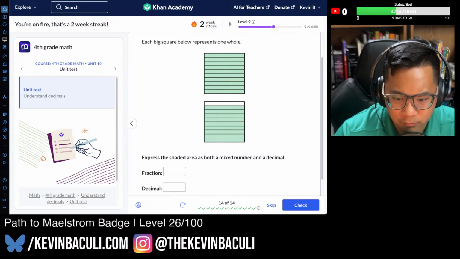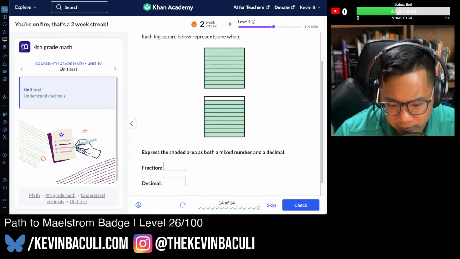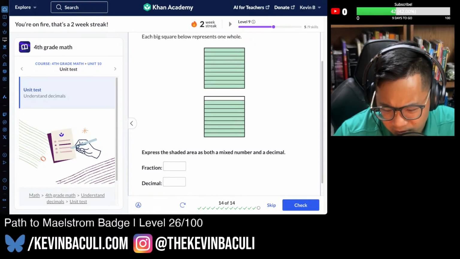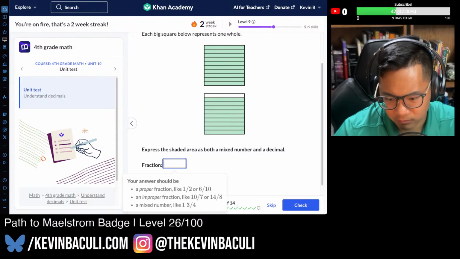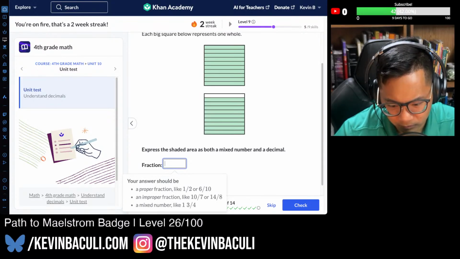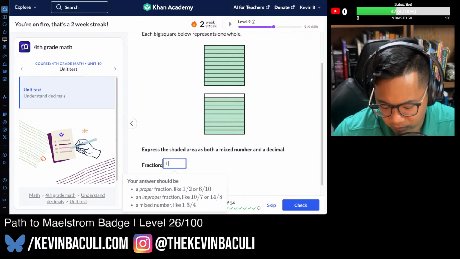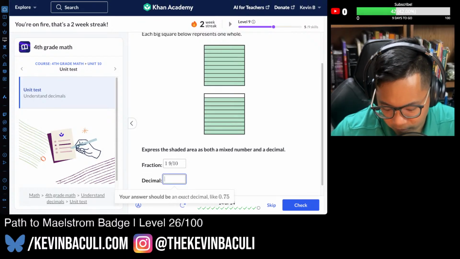Each big square below represents a whole. Express the shaded area. How many is this? 4, 5, 6, 7, 8, 9, 10. So 1.9. 1 and 9/10. 1.9.